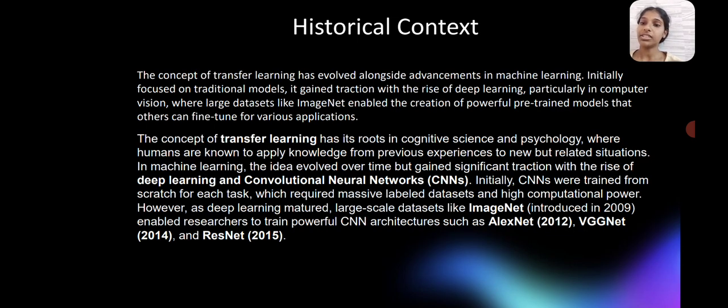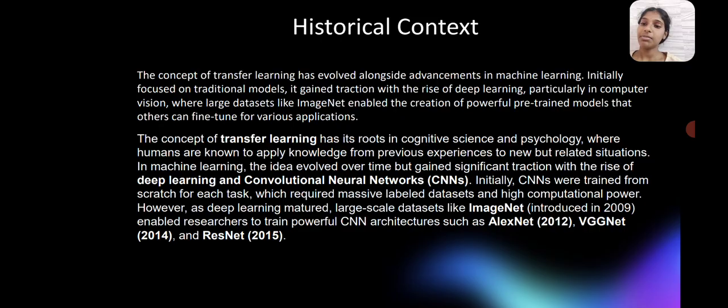In machine learning, the idea evolved over time but gained significant traction with the rise of deep learning and convolutional neural networks. Initially, CNNs were trained from scratch for each task, which required massive labeled datasets and high computational power.